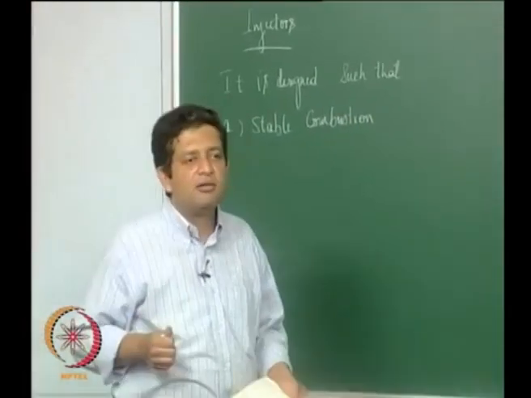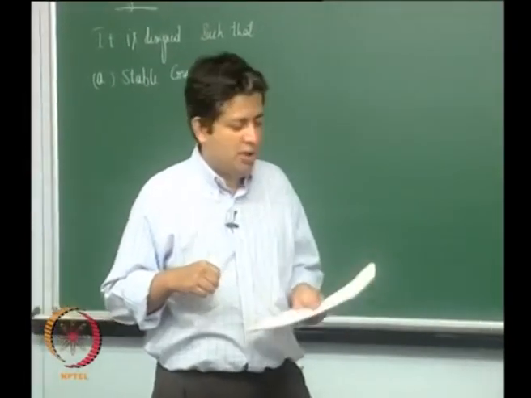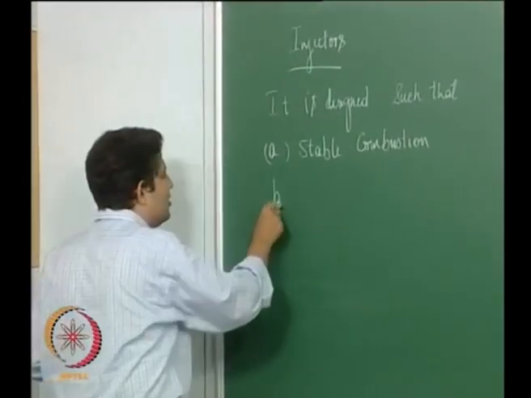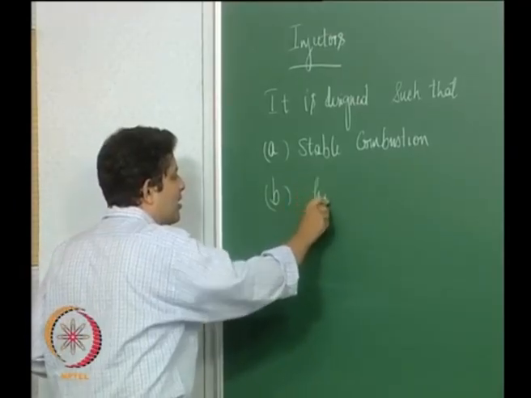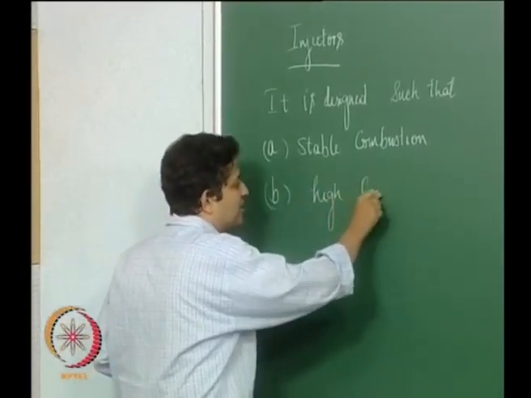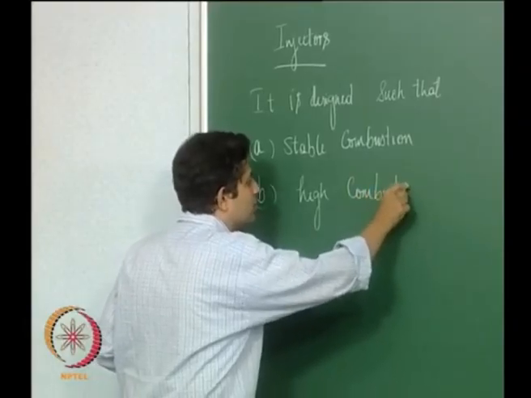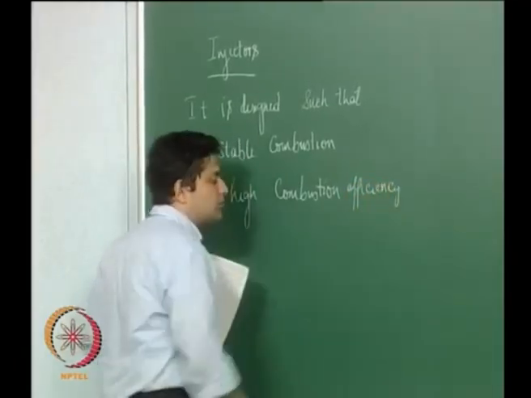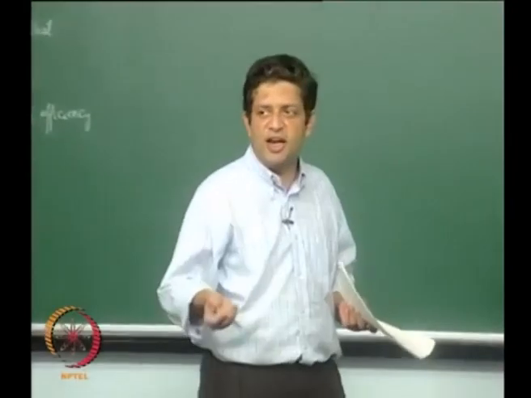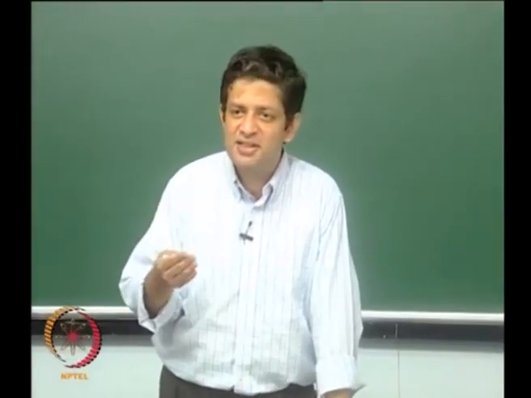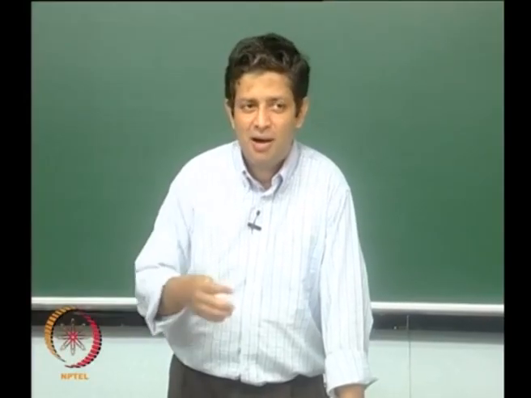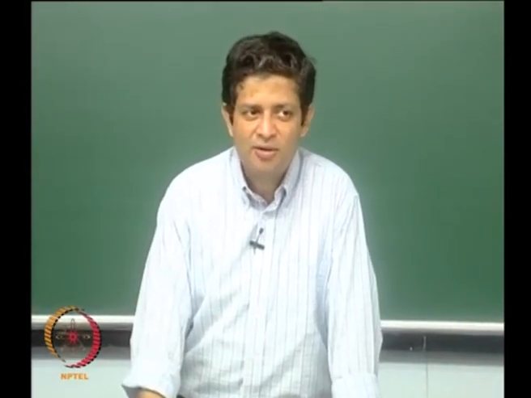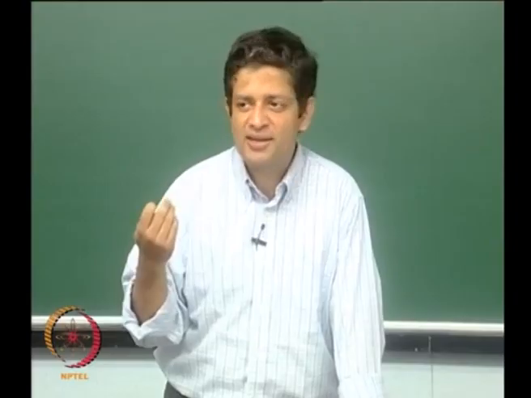If the combustion is unstable, then we are into problem. Then we need high combustion efficiency, that is we are looking at excess of 92%. If the combustion efficiency is small, although we are using propellants, we are not getting a maximum benefit out of it, only a fraction of it is being utilized. So we would want the combustion efficiency to be as high as possible.